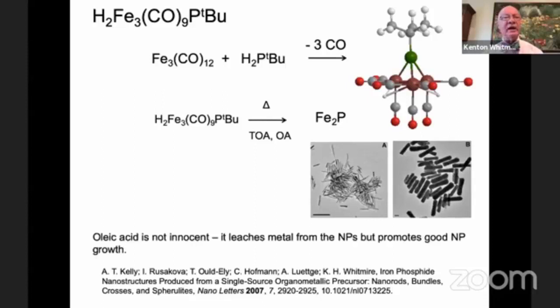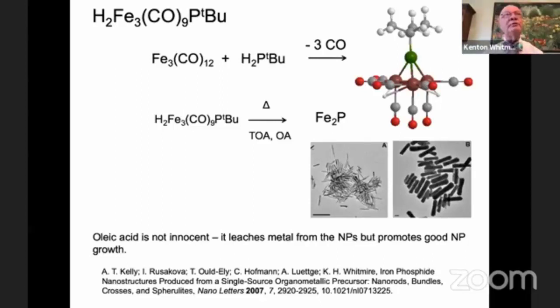And then we realized that oleic acid is not innocent in making nanoparticles, that it leaches metal out of the material, and so you don't get as much iron in the final product as you would like. The difficulty is, if you take out the oleic acid, you don't get very nice nanoparticles.